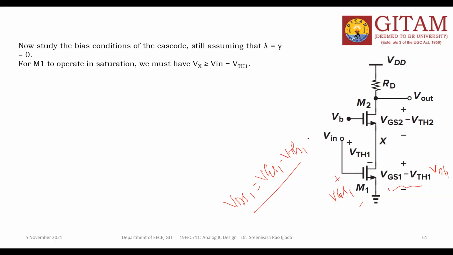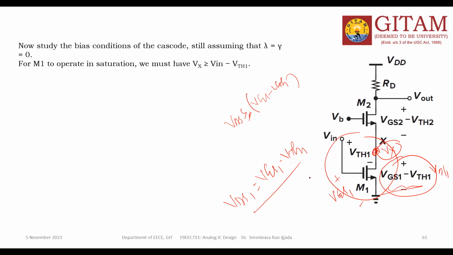This is the condition for M1 to operate in saturation. Let us say this node voltage is X. Generally, the saturation condition is VDS must be greater than VGS minus VTH. So this voltage, VGS1 minus VTH1, must be less than Vx. Then this device is kept in saturation.